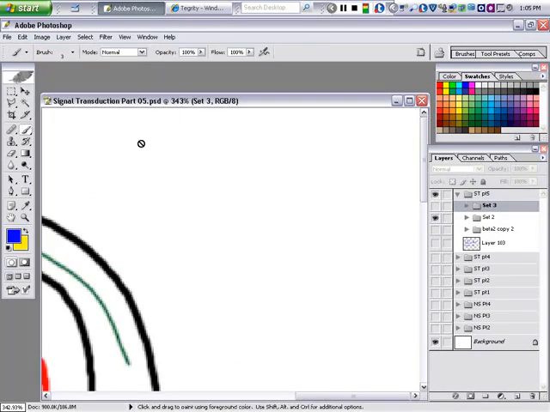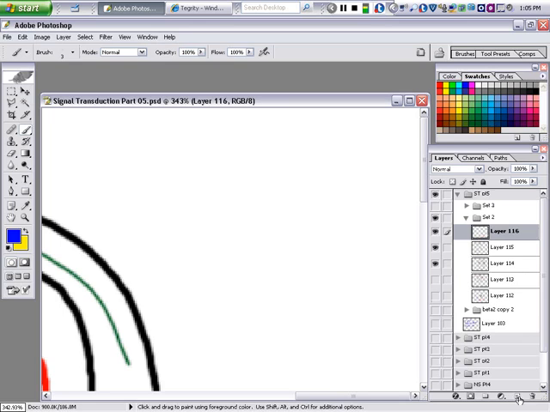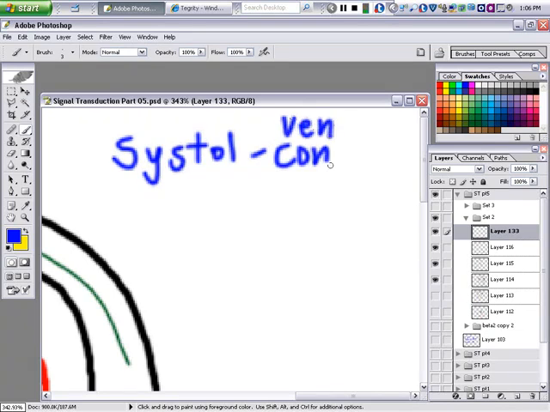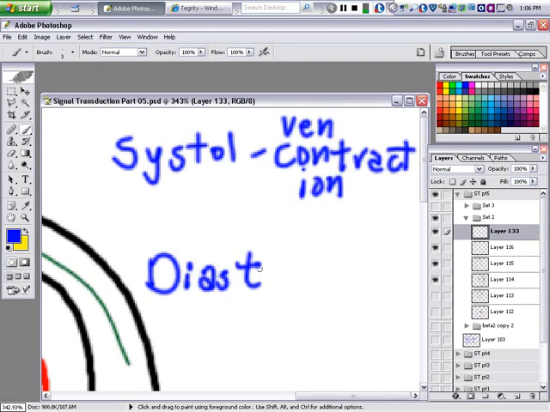So systole is contraction, ventricular contraction. And diastole, and that's an E, is ventricular relaxation.